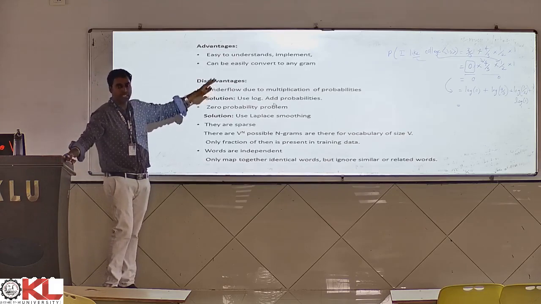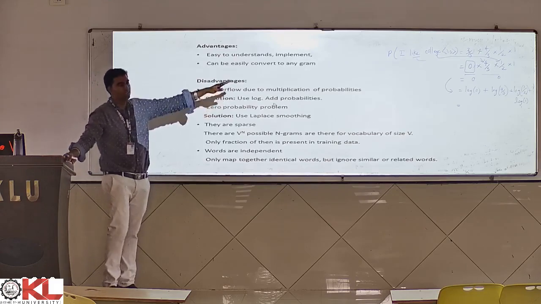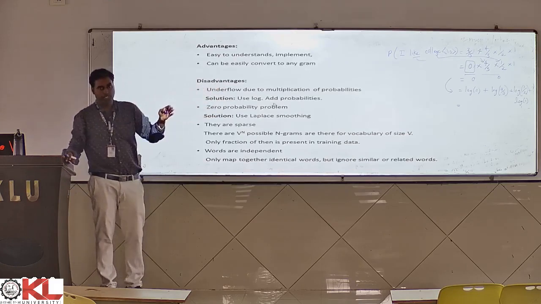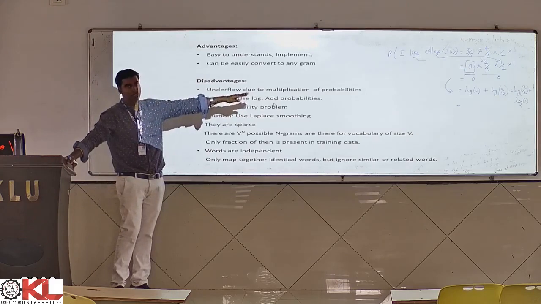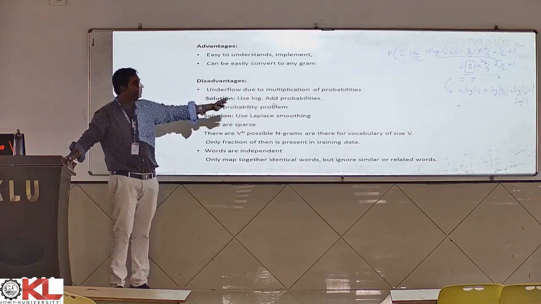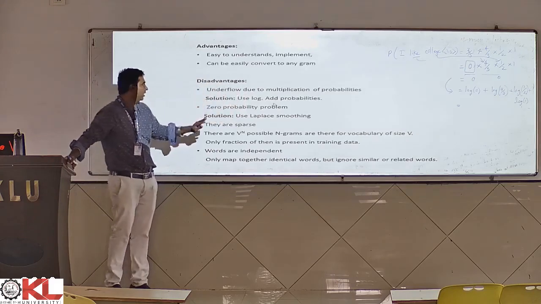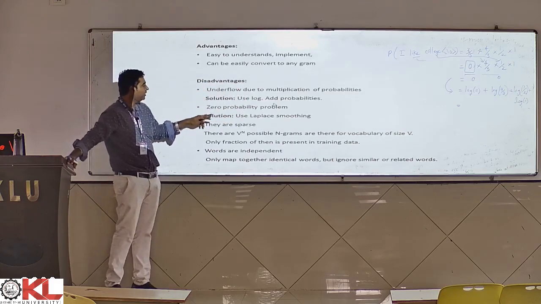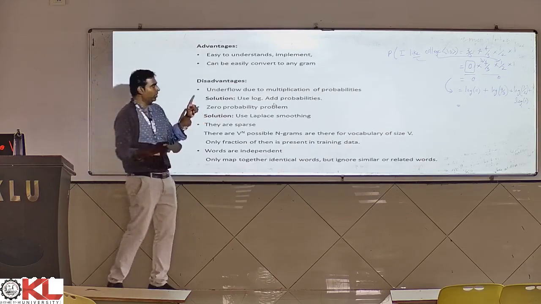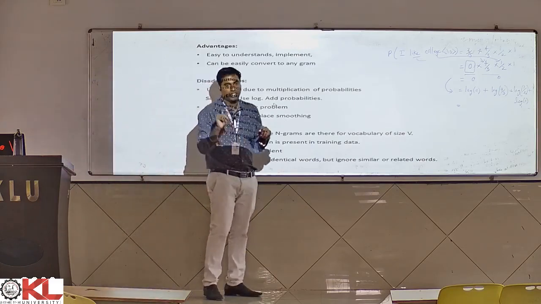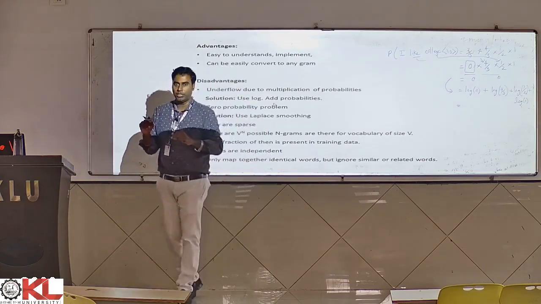To solve this, instead of normal multiplication, we can take the log and add the probabilities. This will avoid such a scenario. We call this the 0 probability problem. This is one way of doing it: taking the log and adding the probabilities.